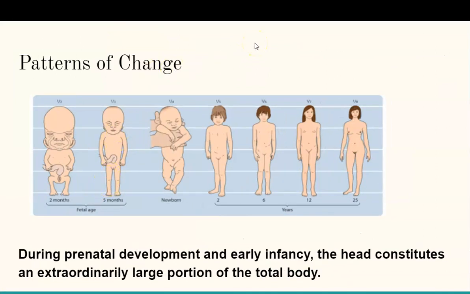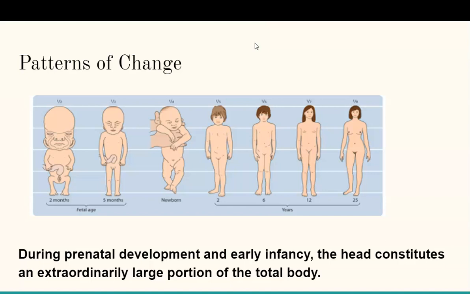As you all can see in this picture here in this chart, when children are starting at the fetal age, meaning starting in the womb, and as they get older, when they are in early infancy and in prenatal development, the head is the largest portion of the body.